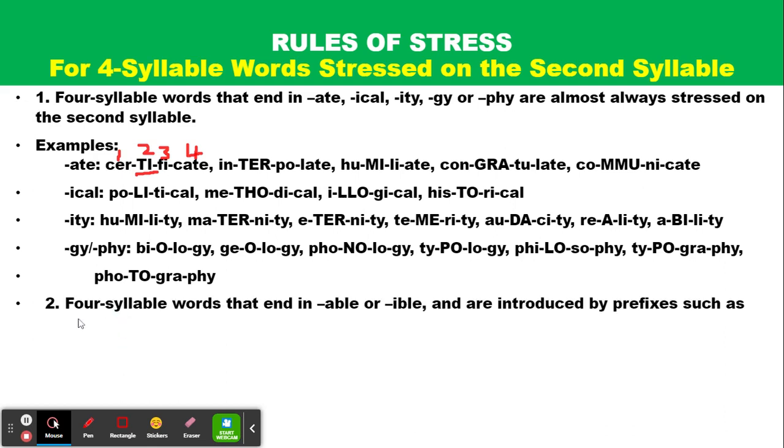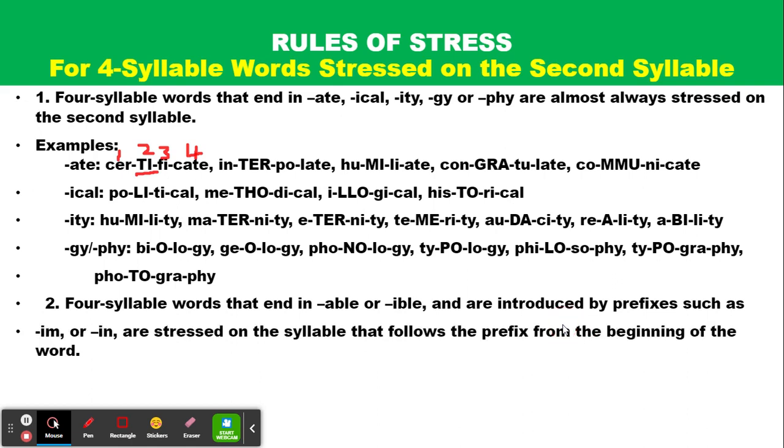Now, four-syllable words, this is the second rule. Four-syllable words that end in able or ible that are introduced by prefixes such as im or in are stressed on the syllable that follows the prefix from the beginning of the word.